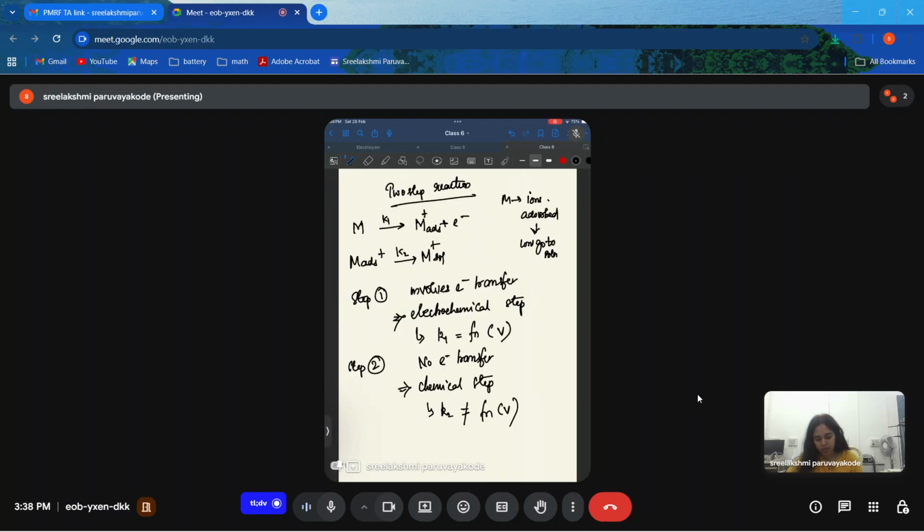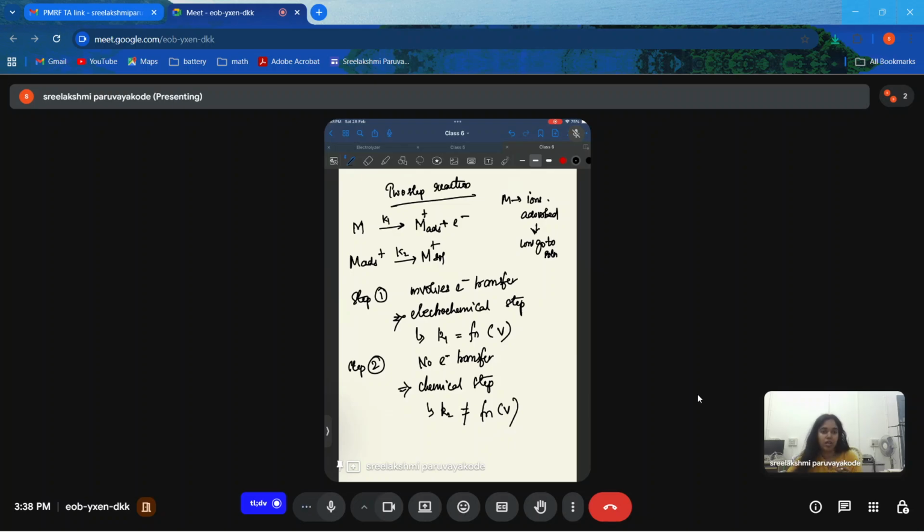So here, when I'm applying a positive potential, oxidizing it, the metal has a tendency to give out electrons and it also forms ions. These ions, in the first step, get loosely adsorbed on the metal surface.